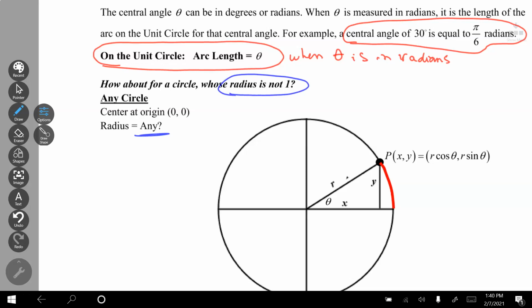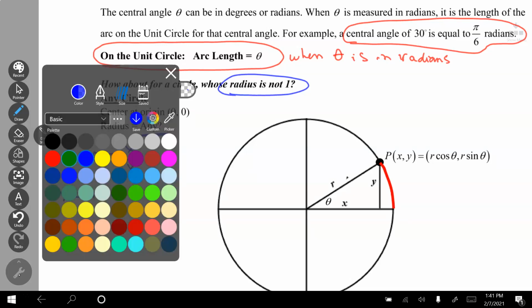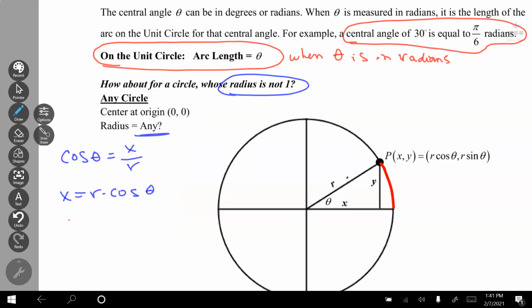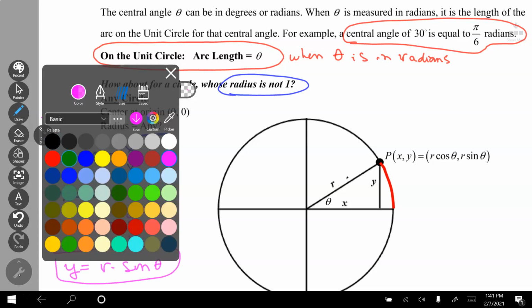Well, my principles for cosine and sine still hold, that cosine of an angle is equal to adjacent x over the hypotenuse r, or x equals r times cosine theta, and sine of theta is opposite over hypotenuse, so y is equal to r times sine of theta, and I have these two formulas right here.